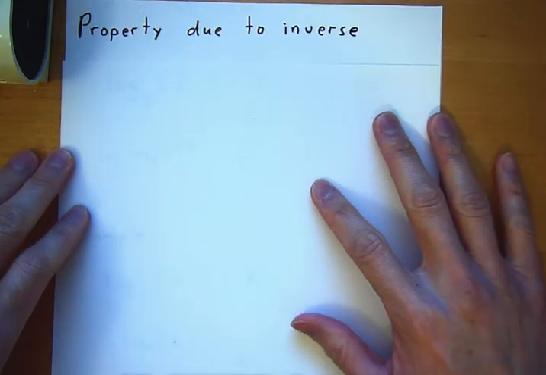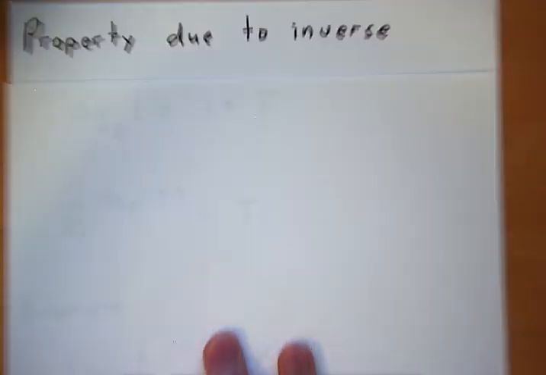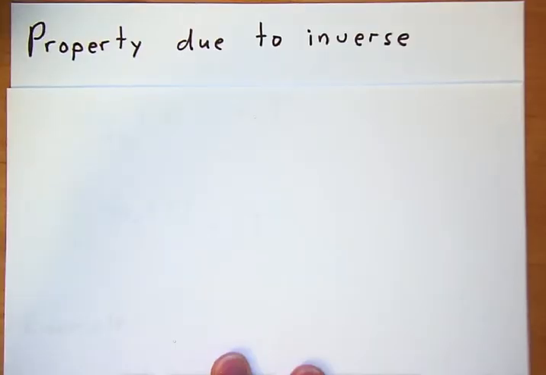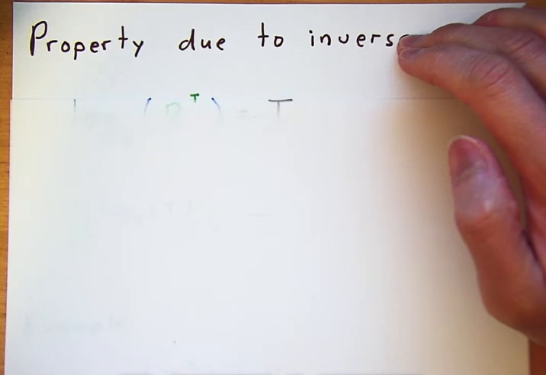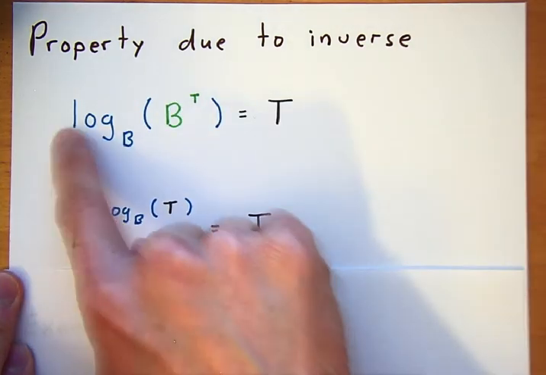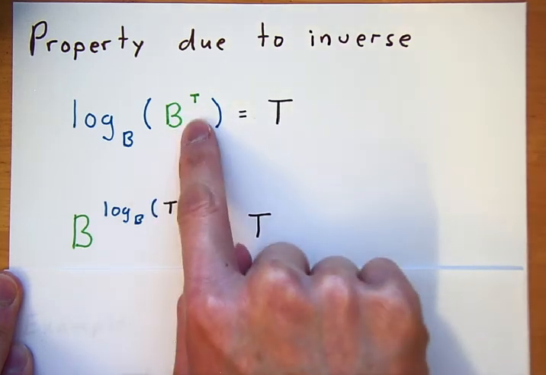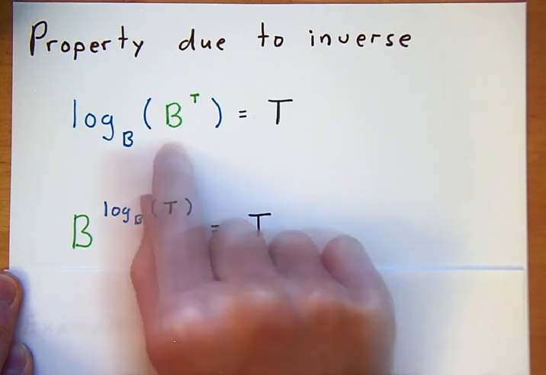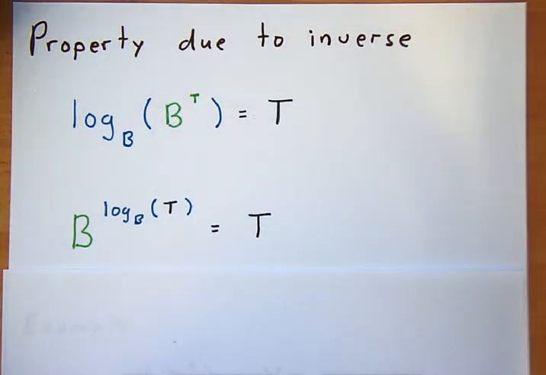Because the exponential and the logarithms that we are showing are inverses of each other, there's a property that stems from that. If you end up having the log and the inverse exponential together, they will cancel each other, because that's what inverses do, they undo each other.